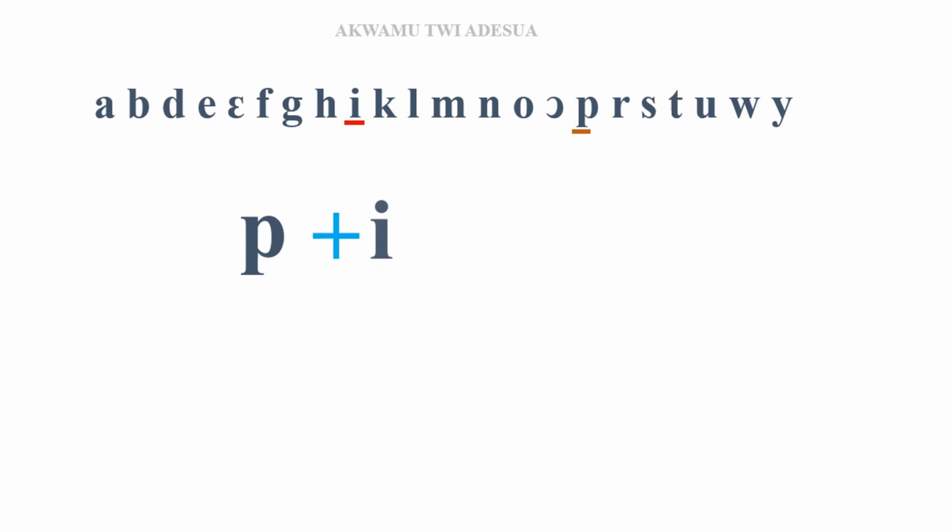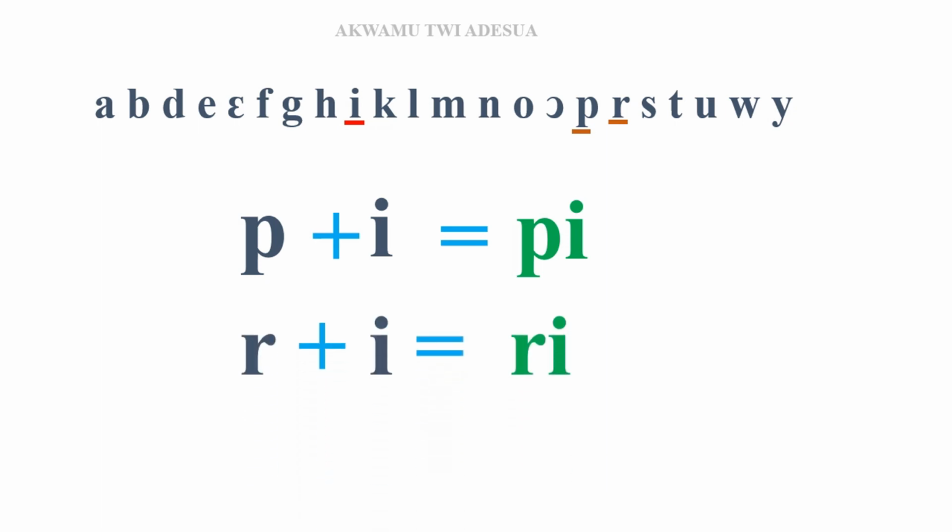P plus E, which is the P, and the I will give us P. R plus E, which is the R, and the I will give us ri. S plus E, which is the S, and the I will give us si.